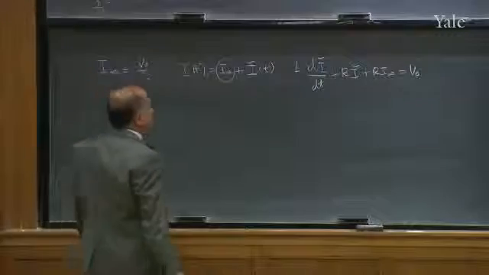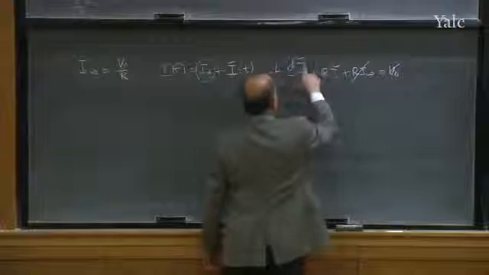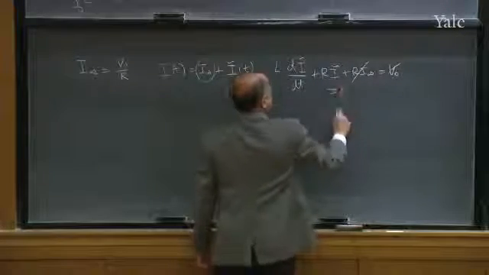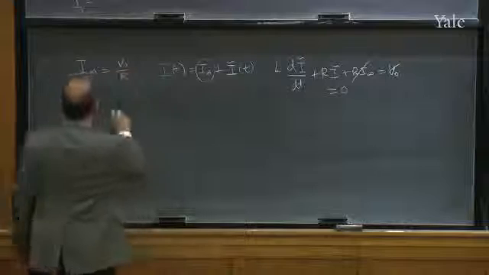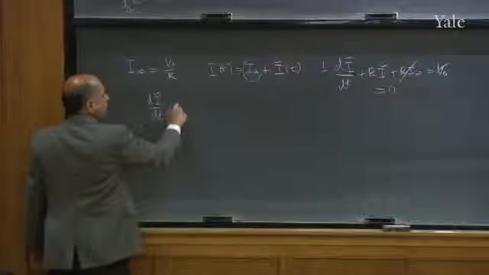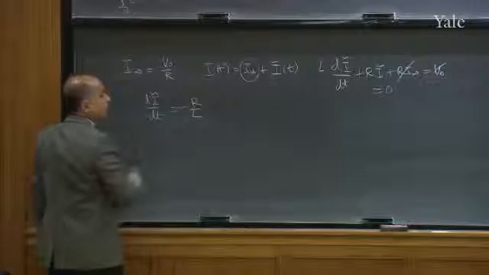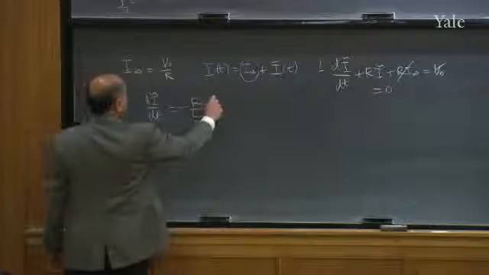Now you can see why we did that. We did that because now these two guys cancel, and you get L di/dt plus Ri equal to 0. That means d I twiddle/dt is minus R over L times I twiddle.